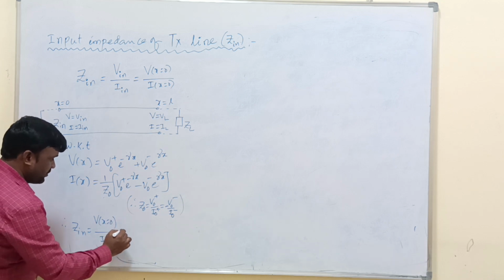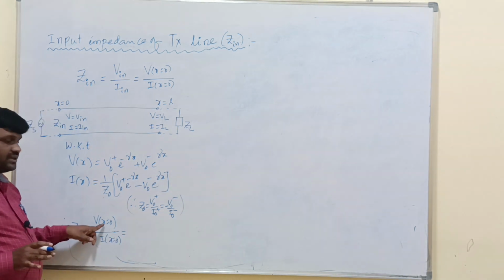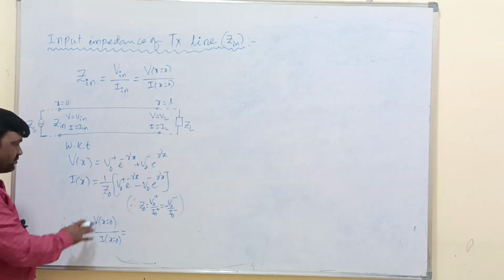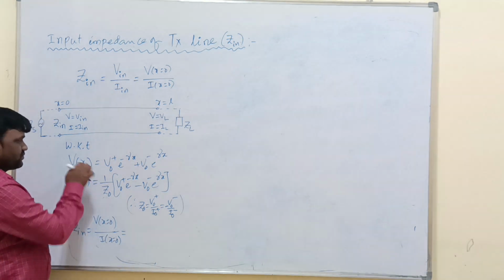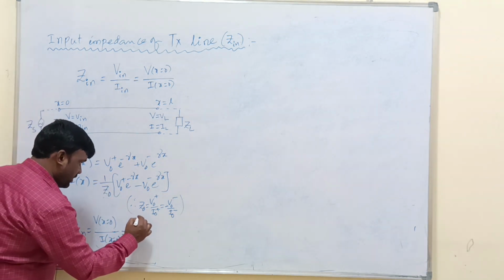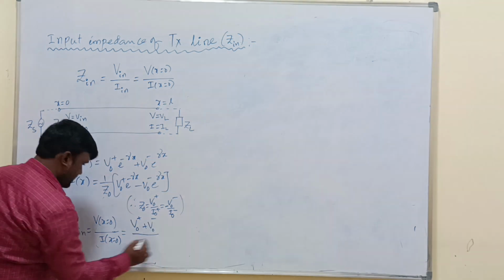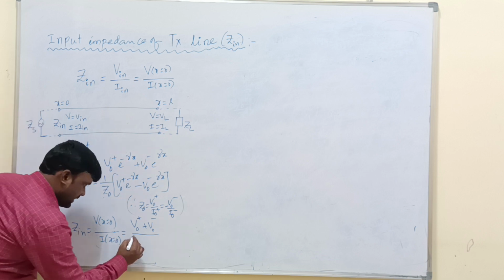Let us substitute x equal to 0 in the voltage and current equations, and we will get Vin and Iin. If I substitute x equal to 0 in the voltage equation, we get V naught plus plus V naught minus, divided by I of x equal to 0. Already we have I of x, which has the factor 1 by Z naught.